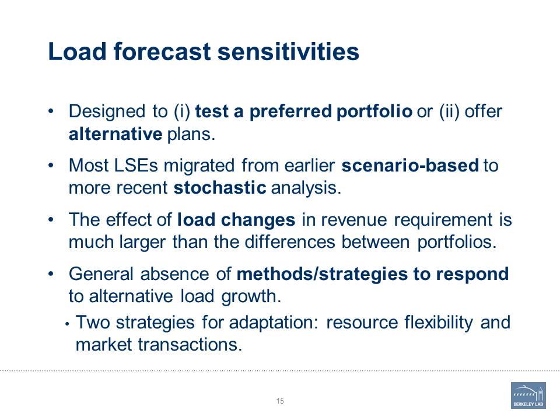What we also found is that most LSEs had migrated from earlier scenario-based analysis, which tested one variable at a time, for example either an upper and a lower bound for load forecast, or an upper and a lower bound for natural gas prices, to a more recent stochastic and comprehensive analysis that aimed to define a comprehensive scenario for the economic performance that includes not only load growth, but also other important correlated components, like natural gas prices or population changes.